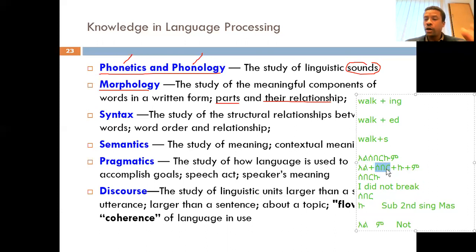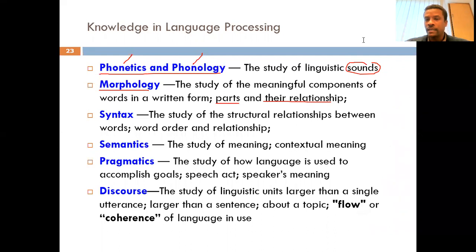So as you can see, in different languages, the way words are formed are quite different. And studying this is what we call morphology. And if you understand morphology, writing a computational program to create new words or to understand words would be an easier task. So that's what we call morphology.